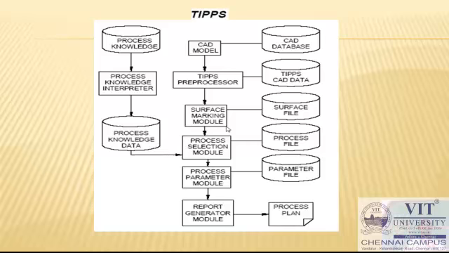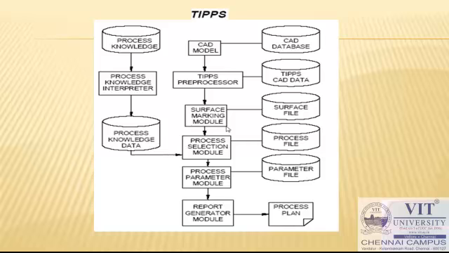So this is the structure given as a flow chart for TIPS. Here some standard databases are available. By using that database for a particular component, for example, surface marking, it refers to that particular module to retrieve the data. Using that data for your component, the process plan will be generated. The process selection module refers to the process file.